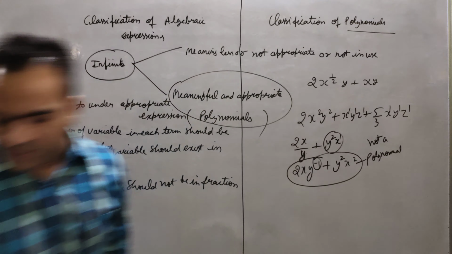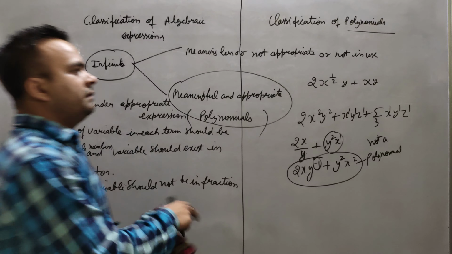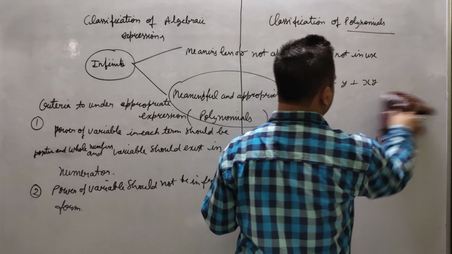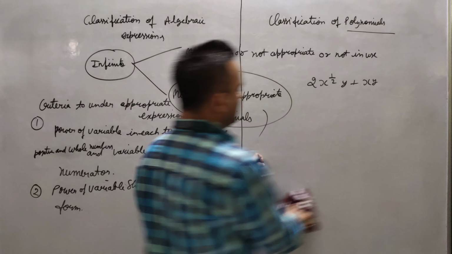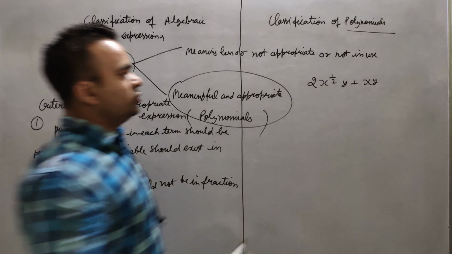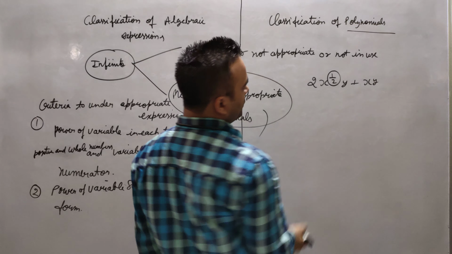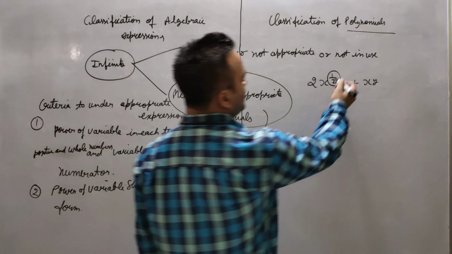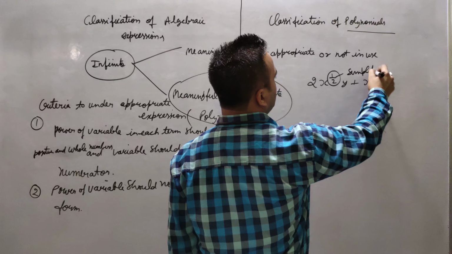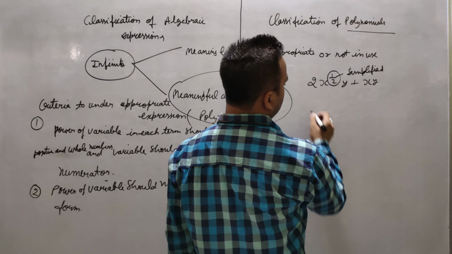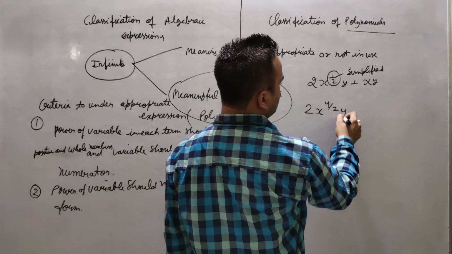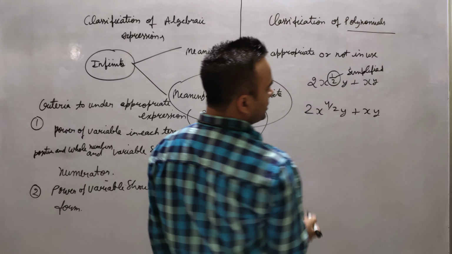So you can see in this example I have taken the power of x as 1 upon 2, and one thing is very clear, that the power of x which you are writing should be in simplified form, because suppose it is written like this, it is not a simplified form.